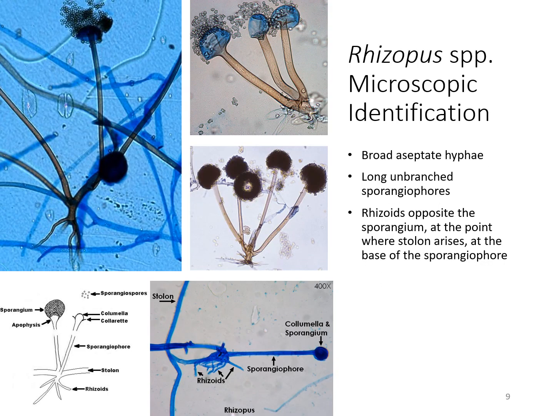So Rhizopus species also have very broad aseptate hyphae, so you can see how broad these are up top, and you don't see any sort of little divisions inside of those. They are also unbranched, so you don't see any small branches coming off of them with anything else connected to them.